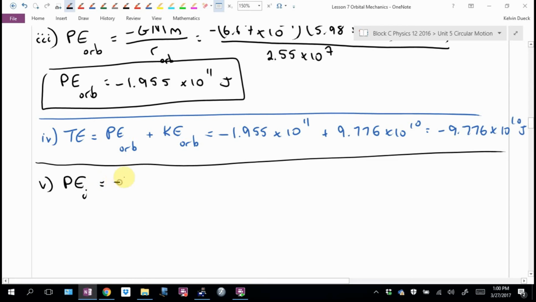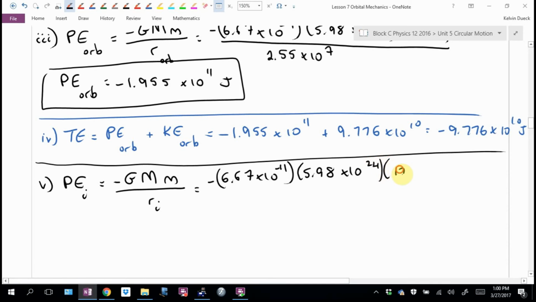Well, that's going to be negative big G, big M, little m over R initial, which is going to be negative 6.67 times 10 to the negative 11, 5.98 times 10 to the 24th, 12,500. Matt, what's R initial? Well, we're starting on the surface of the Earth, so I guess that's R initial. So what is that?